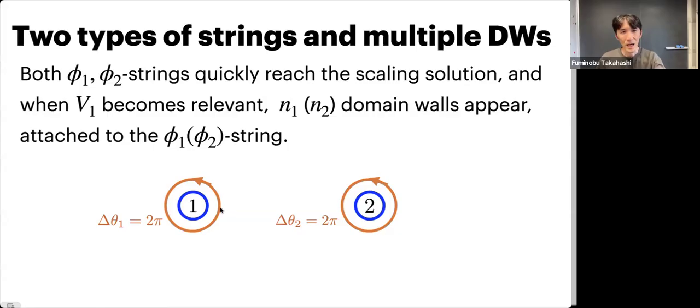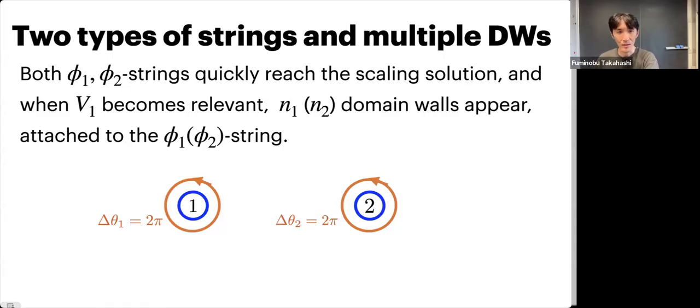More specifically, as you go around the phi1 string, the angle theta1 changes by 2 pi, but theta2 doesn't change. On the other hand, if we go around the phi2 string, theta2 changes by 2 pi, but phi1 stays constant. These are the two different kinds of cosmic strings.